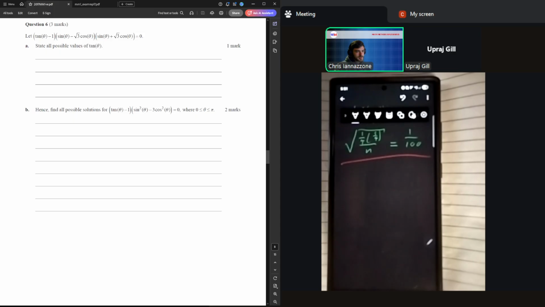I think you would have solved where tan was 1 and where tan was root 3. Is that everything you found in the previous question though? We had plus minus root 3 as well. Oh, plus minus. Yeah, I see.